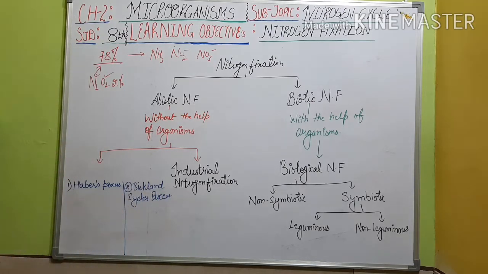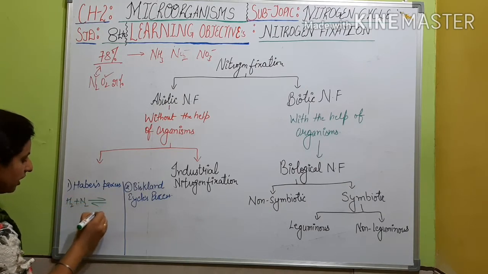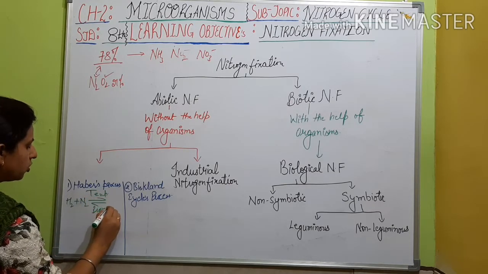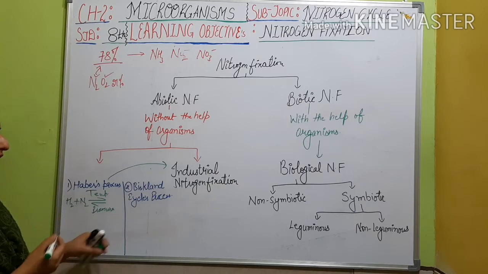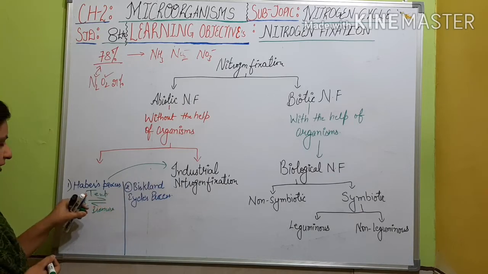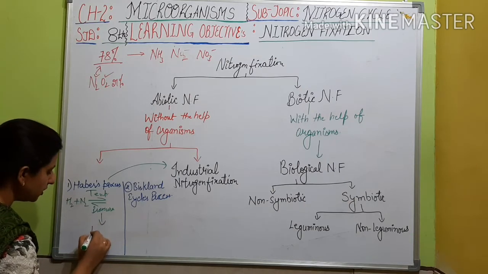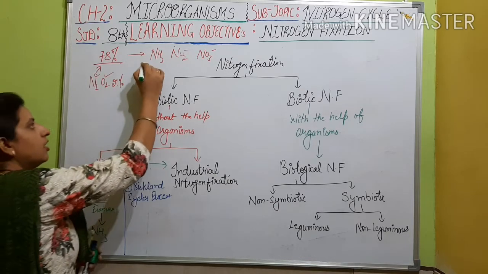In Haber's process, the hydrogen and the nitrogen combine with each other at very high temperature and pressure, because it should be in artificial conditions, as it is part of the industrial nitrogen fixation. So under the artificial conditions, high temperature and pressure, hydrogen and nitrogen combine with each other and form ammonia. So again the nitrogen is converted into the usable form, that is the ammonia form.